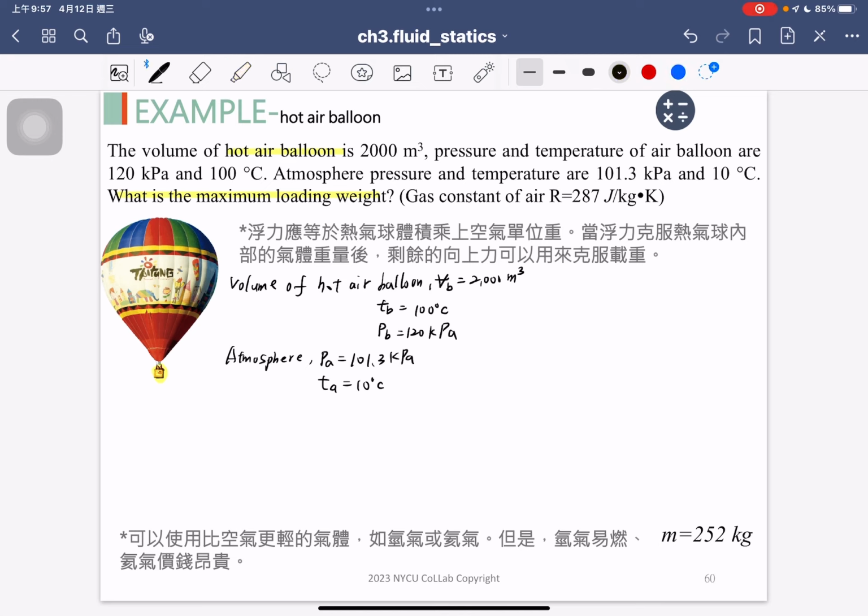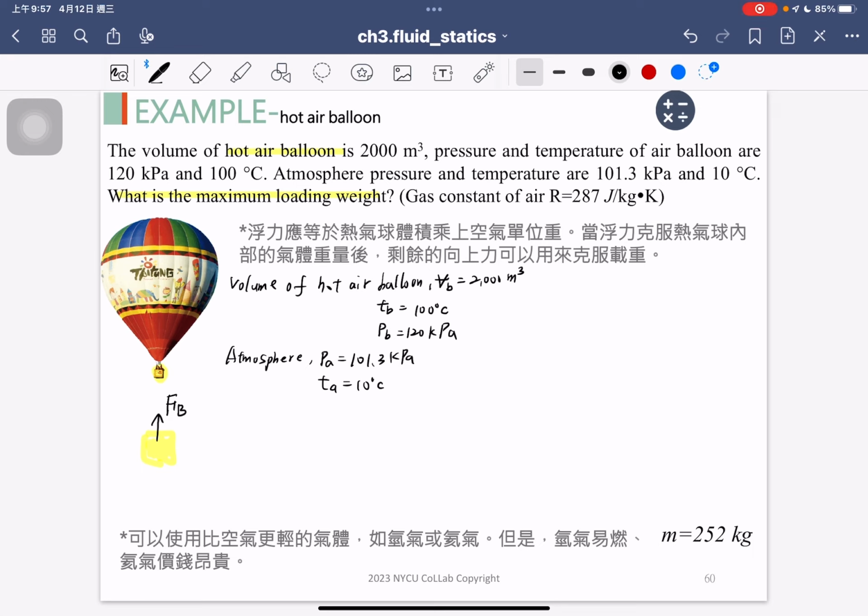So we should make the force balance. How many forces do we have? Maybe this is our system, and we know there are some requirements. We should have the buoyant force.